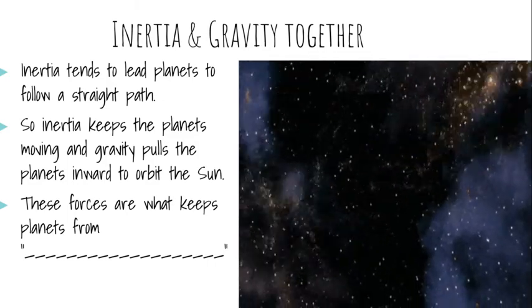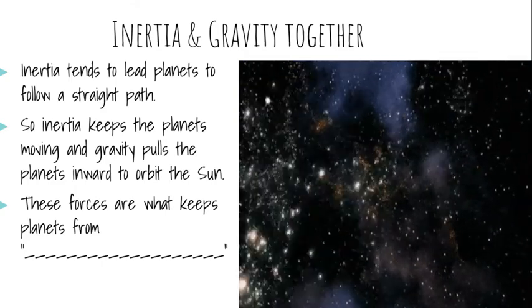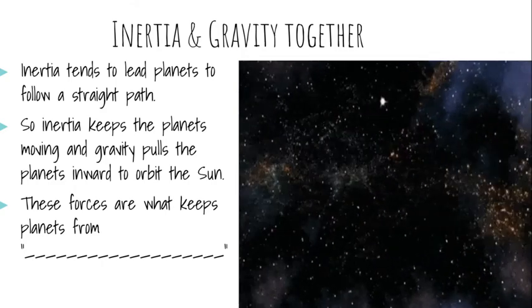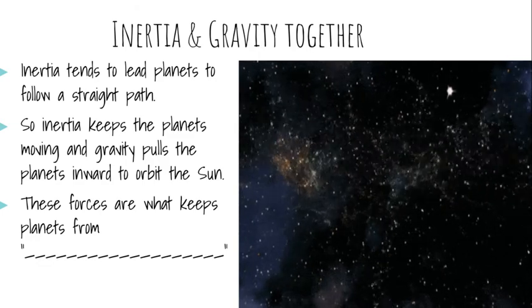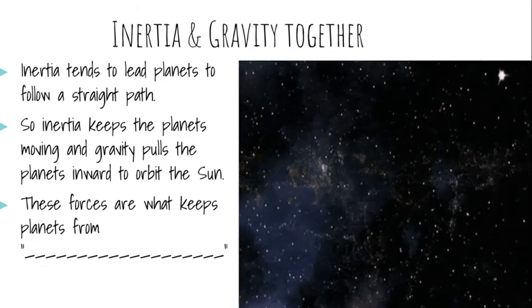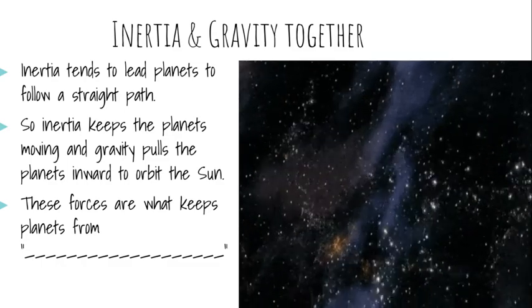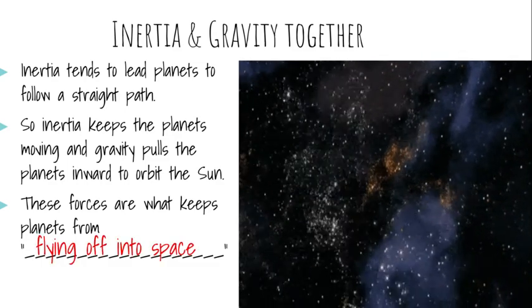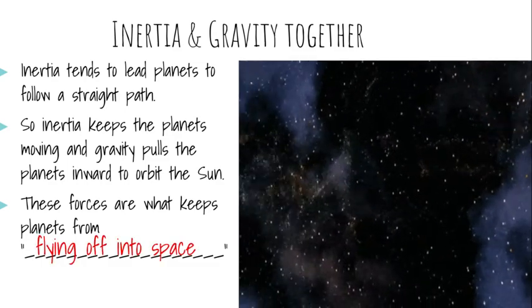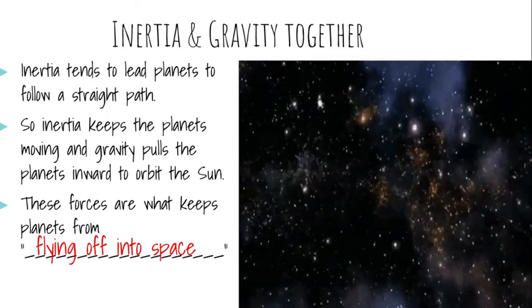So inertia is going to keep the planets moving. And gravity from the sun is what pulls the planets inward to orbit. These forces together, inertia and gravity, work together to keep planets from flying off into space.